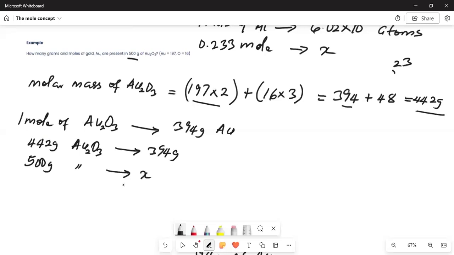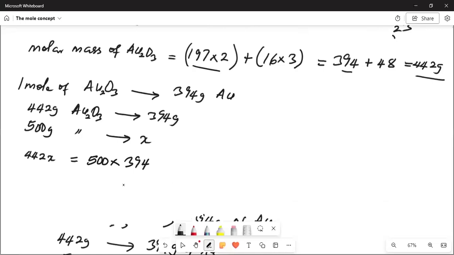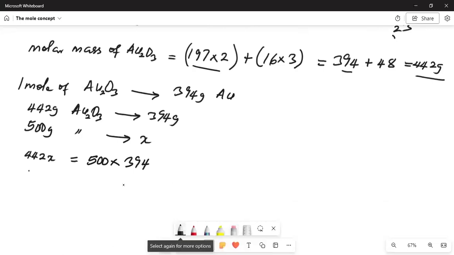Now cross multiply. 442 will multiply X, while 500 will multiply 394, so 442 X is equal to 500 times 394. To find X, we divide both sides by 442. Therefore, X is equal to 500 times 394 divided by 442.